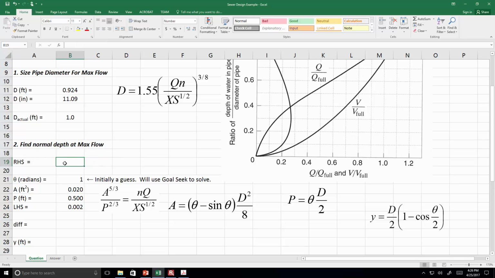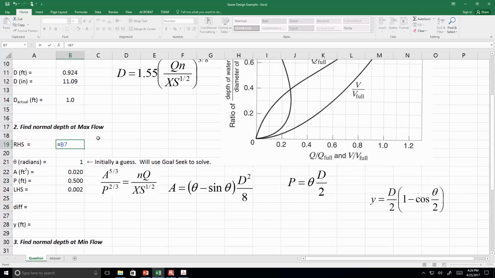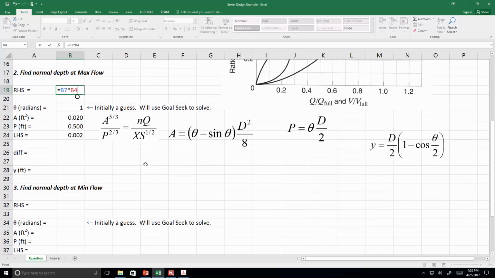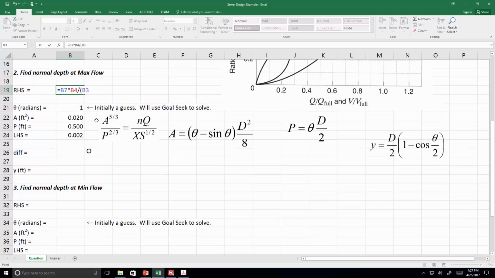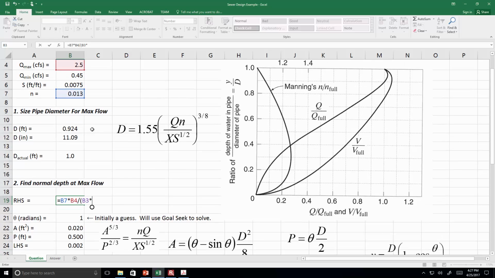And then here, for the right-hand side, we've got the n value, N times Q max divided by x times the square root of s, so s to the 1/2 power.